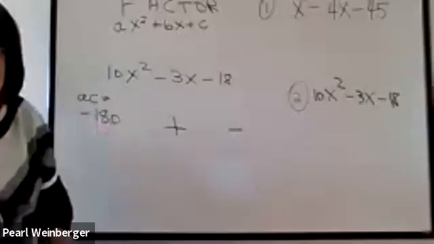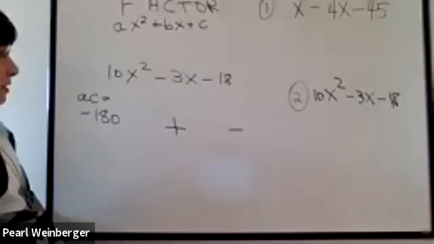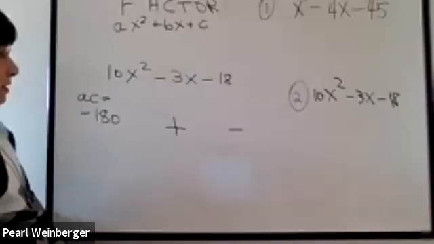What numbers multiply? So again, you're going to have to play with your calculators and try numbers out. Anybody come up with any numbers? Yeah, I came up with positive 12 and negative 15. Okay, 12 times 15 does give you 180, and 15 minus 12 does give you 3. So 12 and 15 are the perfect choices.